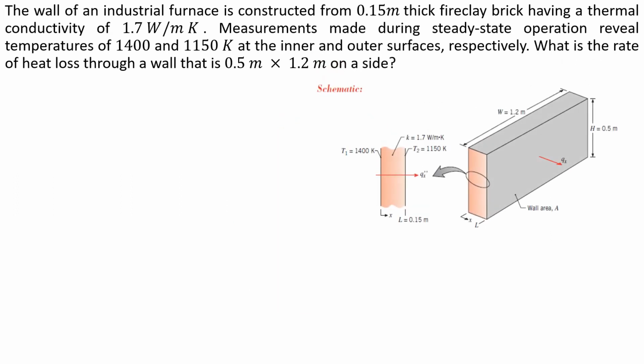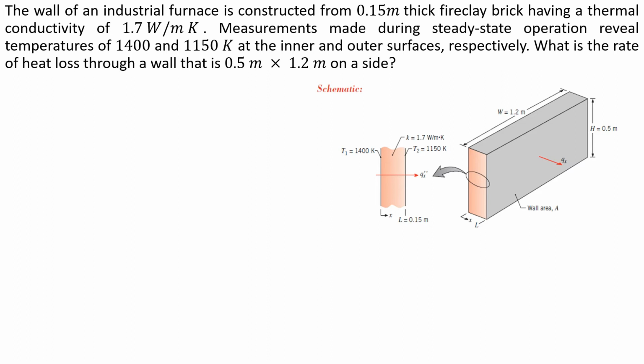This is the schematic. This is the fire clay brick wall. It has a thickness of 0.15 meter, the width of the wall is 1.2 meter and the height is 0.5 meter.